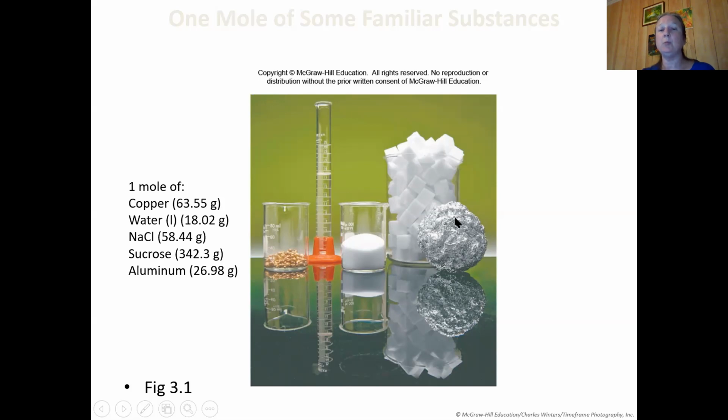And then here is 1 mole of aluminum. And there are 6.02 times 10 to the 23rd aluminum atoms in this ball of foil, and it weighs 26.98. So each of those is a mole. We know what it weighs by the definition. And by using moles of something, we can actually measure them on a standard scale.